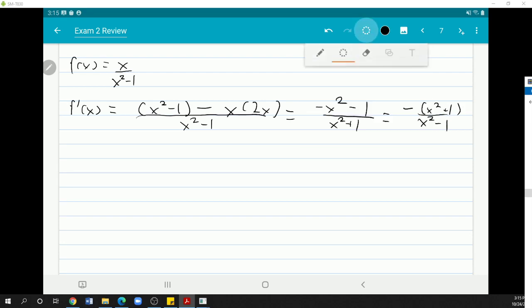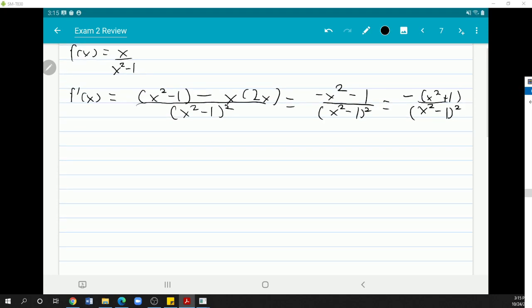And also this right here should be a minus. I kind of jumped ahead to having a plus 1. But that's what we've got by the quotient rule. Low d high, and this x squared minus 1 is squared. Perfect.